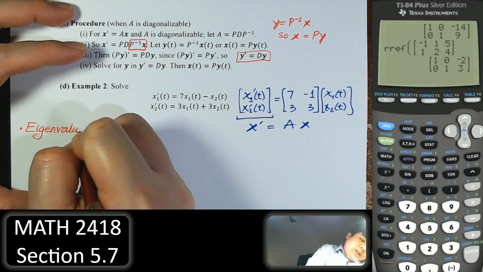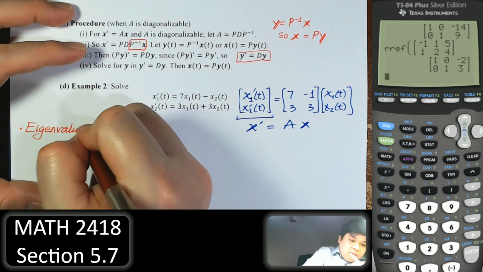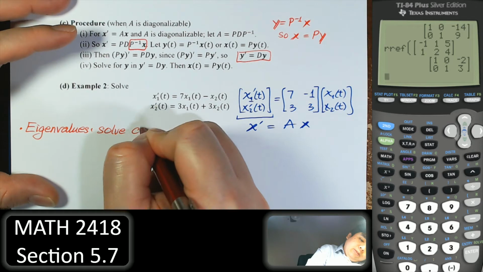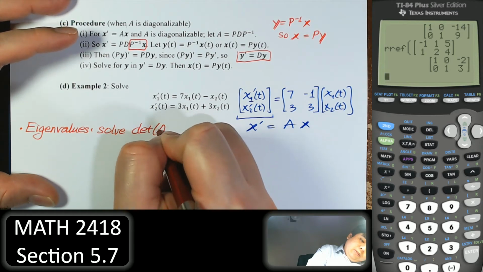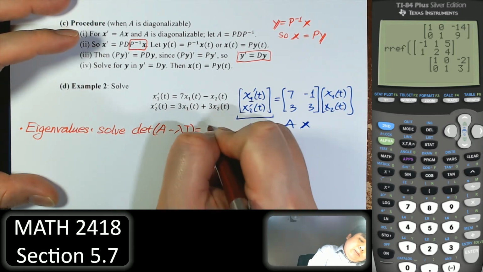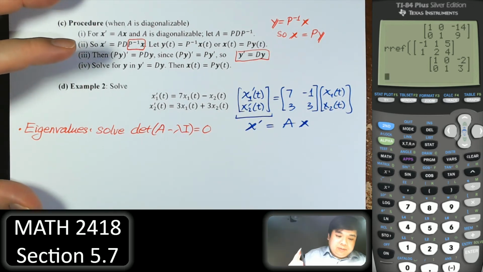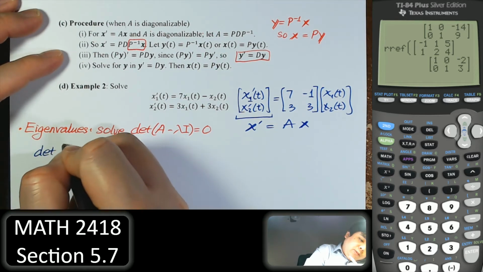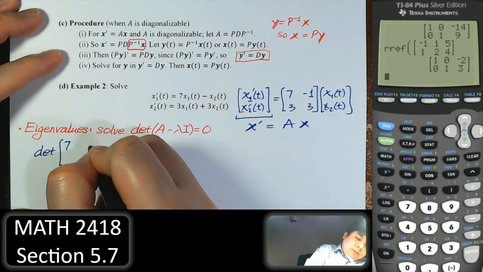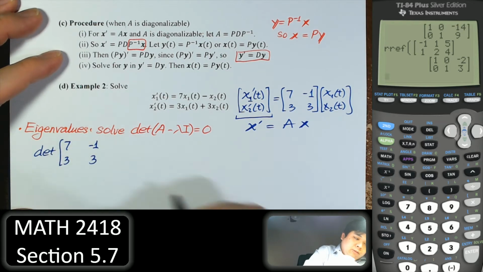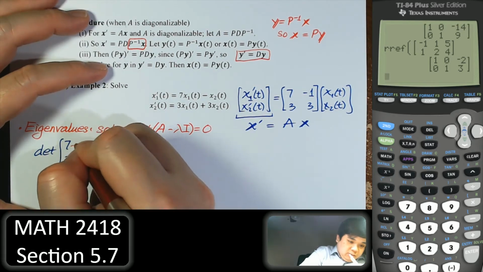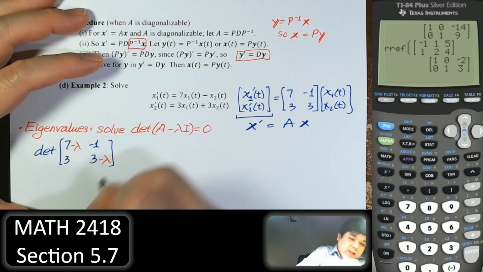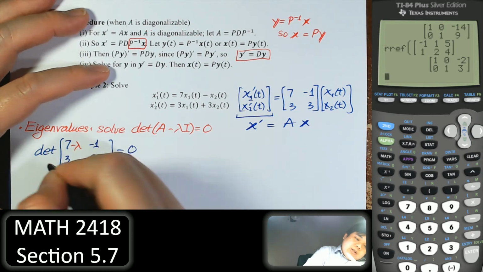Eigenvalues, and we solve the characteristic equation. So we subtract the diagonal and the determinant of this equals 0, so multiply it out.